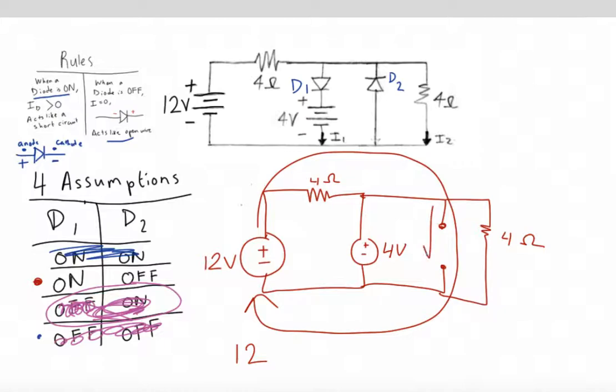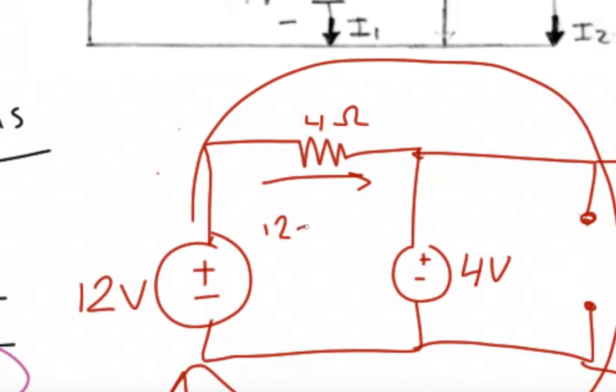Just we know the current going through here is 0. So we need to find the current going through this 4 ohm resistor. We could do a KVL loop inside here, and that would just be 12 minus 4i, and then minus 4, equals 0. So what would that leave us? It would leave us with I equal to 2 amps.